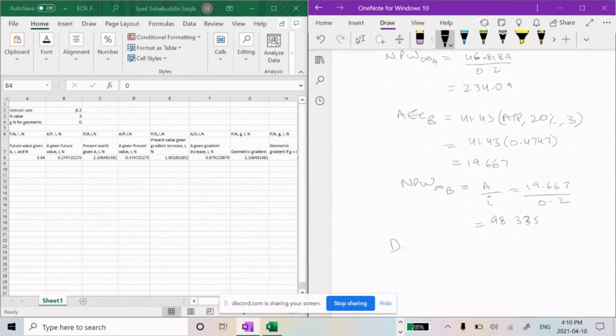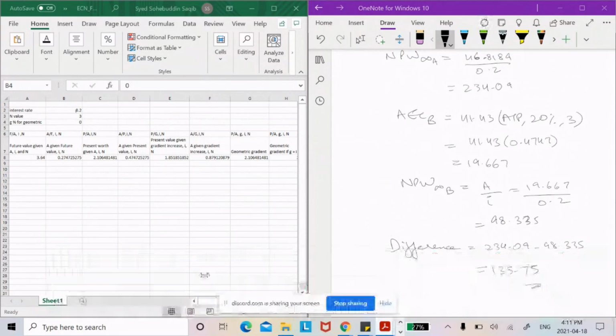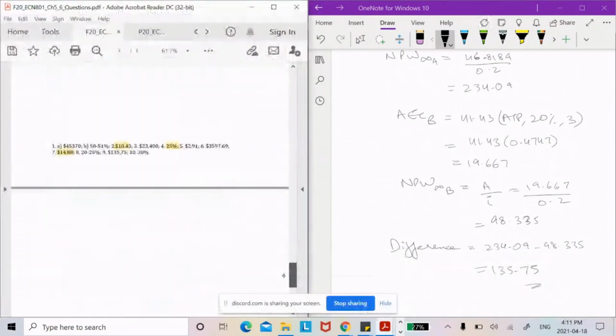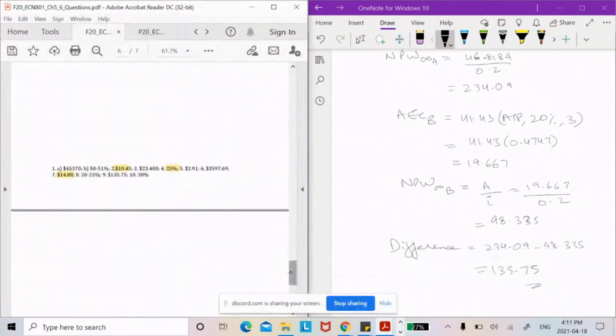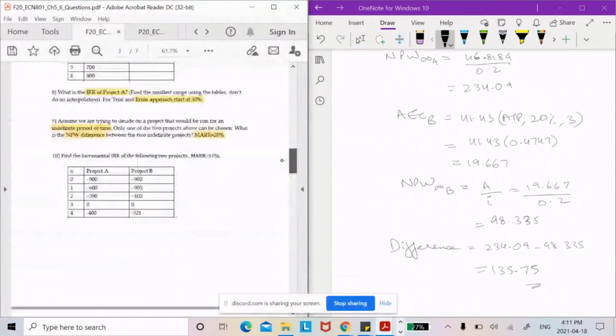The difference equals 234.09 minus 98.335, which is 135.75. That is the answer. Number 9, 135.75. That's how we solve this one.